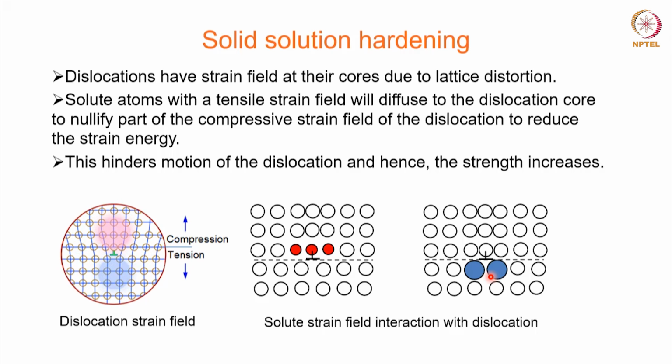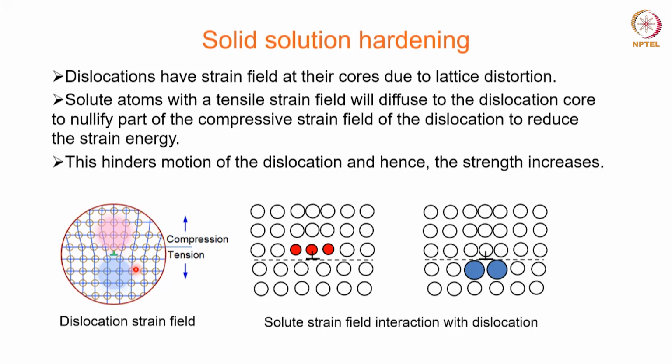So solute atoms with a tensile strain field will diffuse to the dislocation core to nullify part of the compressive strain field of the dislocation, and as I said, this will reduce the strain energy, right? Similarly, solute atoms with a compressive stress field will diffuse to the tensile strain field region of the dislocation core, and that is how the motion of the dislocation will be restricted.